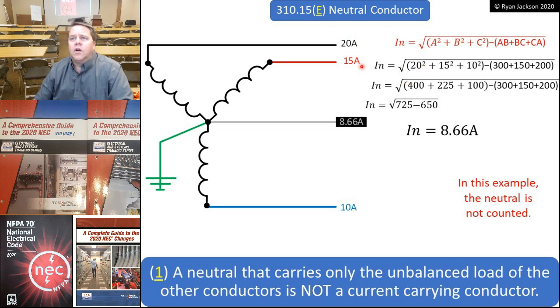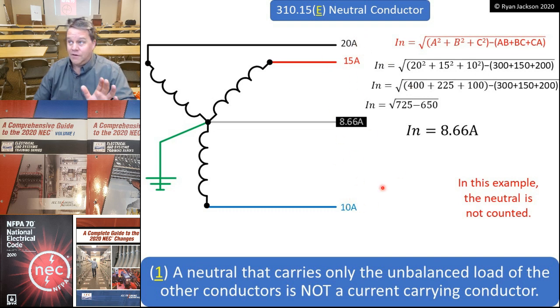So 20 squared plus 15 squared plus 10 squared. You're going to take that quantity and subtract AB plus BC plus CA. So nice and easy. It's not too bad. Did I say A times B? I want to make sure I said that right. A times B. So 20 times 15 plus 20 times 10 plus 10 times 15.